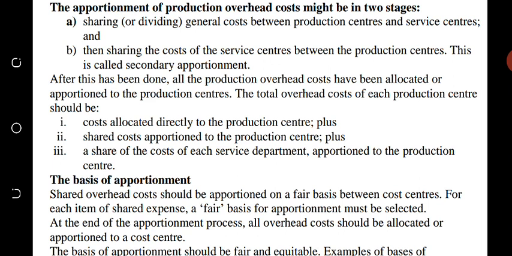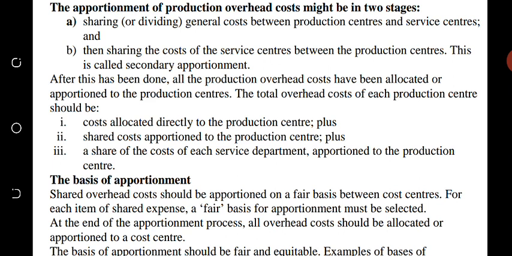After this has been done, all the production overhead costs have been allocated or apportioned to the production centers. The total overhead costs of each production center should be, one, cost allocated directly to the production center.